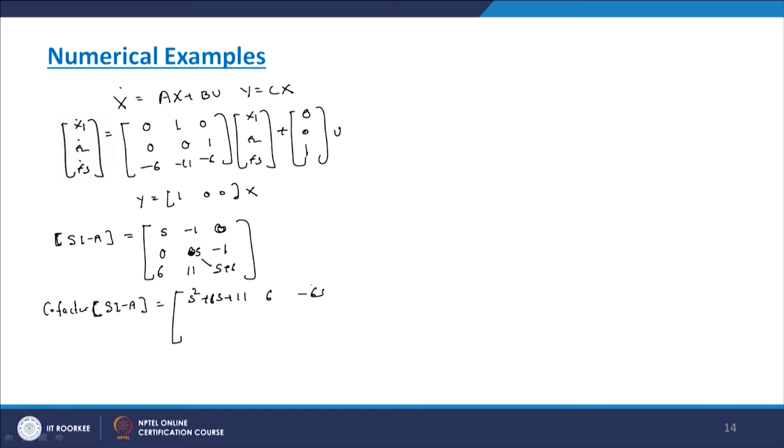Then for this row we can write the elements like this: minus s minus 6, then s square plus 6s plus 11s plus 6, and lastly we write 1 minus s into s square.